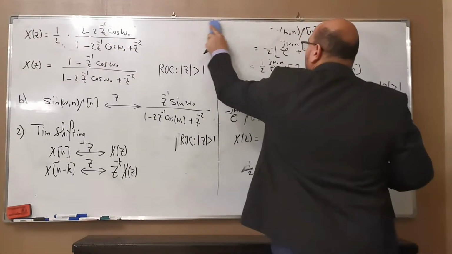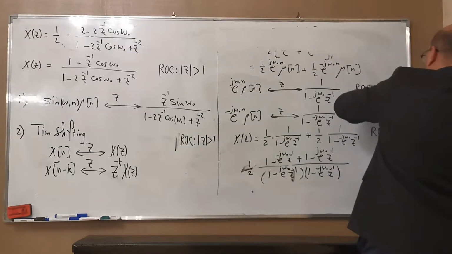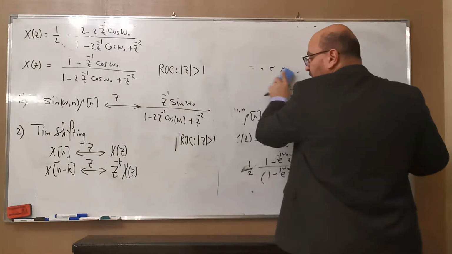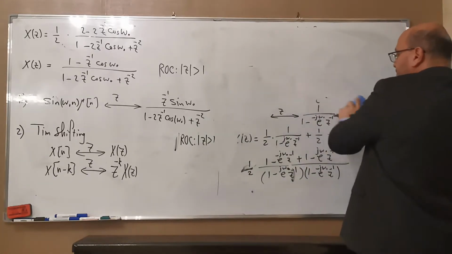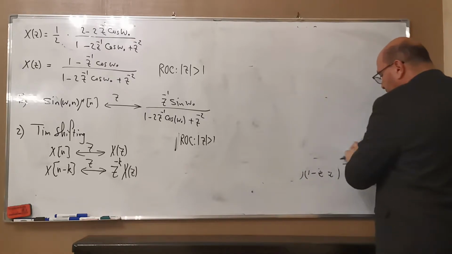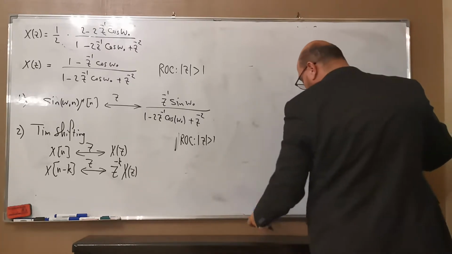And we actually did this before when we did the time advance and time delay. So if k is positive, you have time delay. If k is negative, you have a time advance.